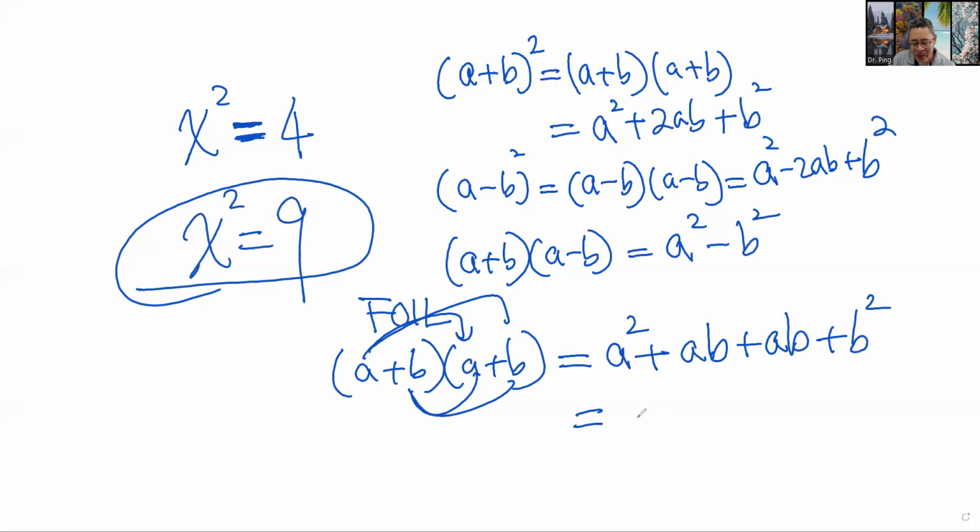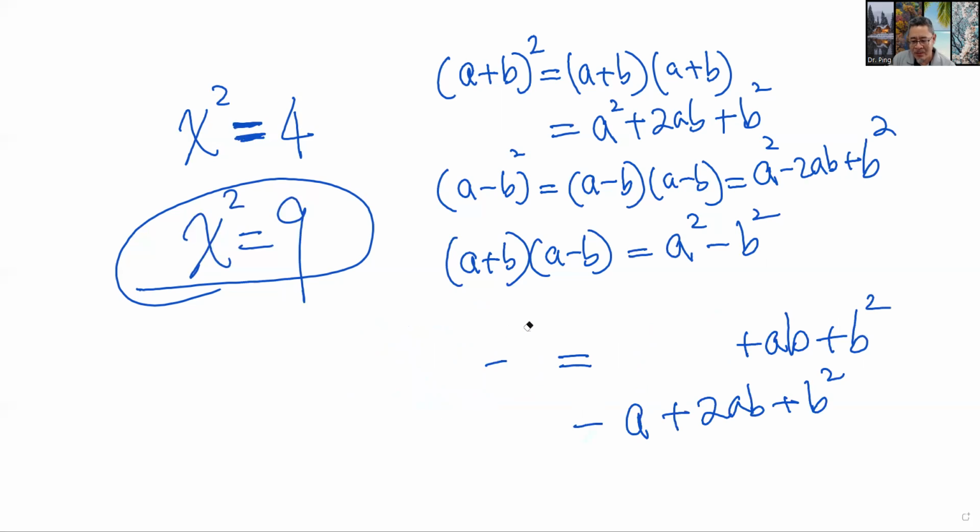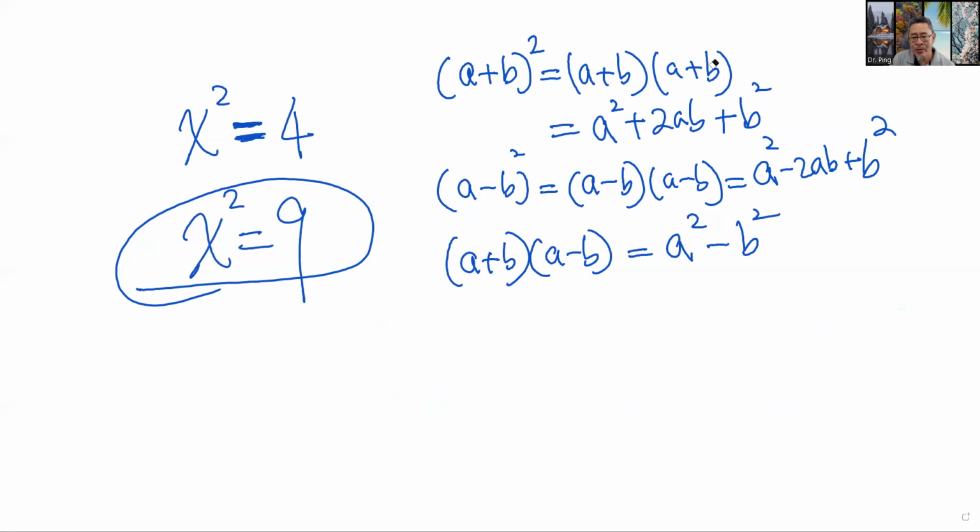So therefore, what we got is a squared plus 2ab plus b squared. Good? You can do the same thing to work out those identities. In algebra, we are going to use these a lot. They are kind of our basic building blocks.